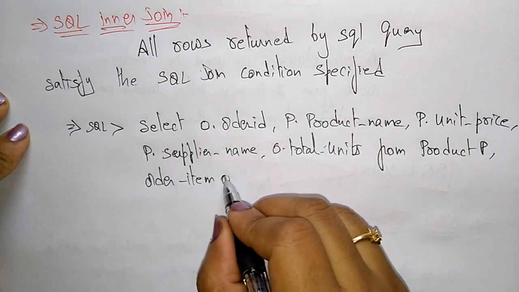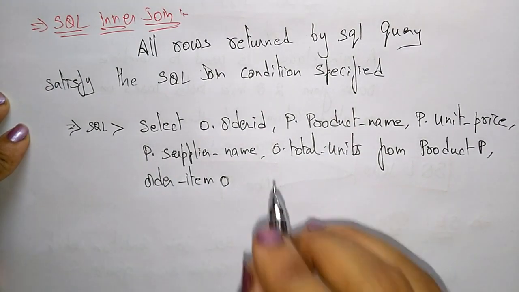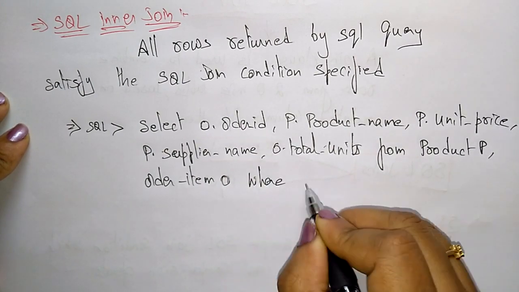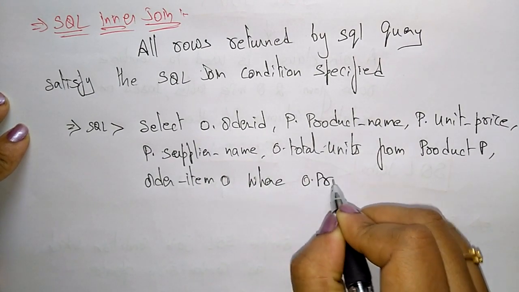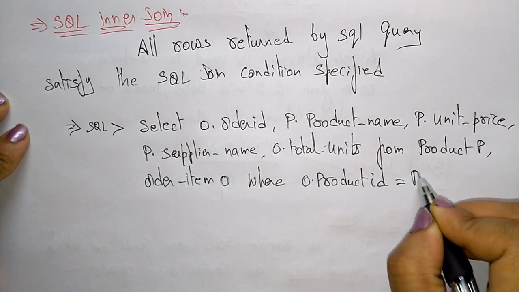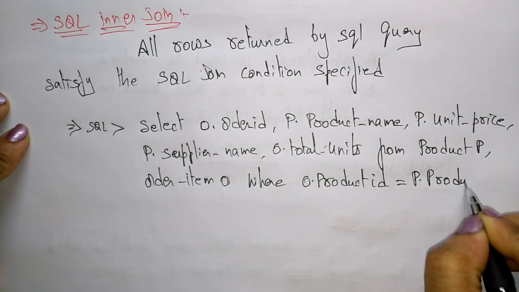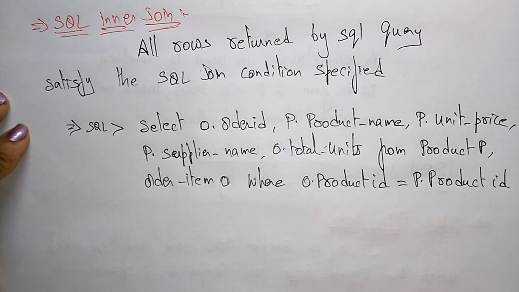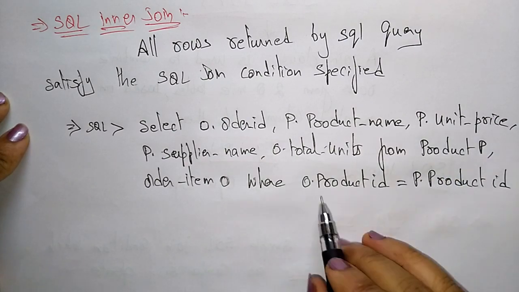I have to specify the condition because this is SQL inner join, where O dot product ID is equal to P dot product ID. I have to select those fields that satisfy this condition.